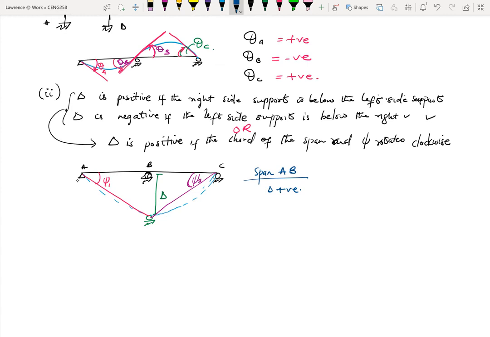Again, if you look at the second definition, it says that delta is positive if the chord of the span and psi rotates clockwise. Now, if we take span AB, this is what we have. So this psi is rotating in a clockwise direction, so it makes our delta positive. In that case, psi would also be positive.